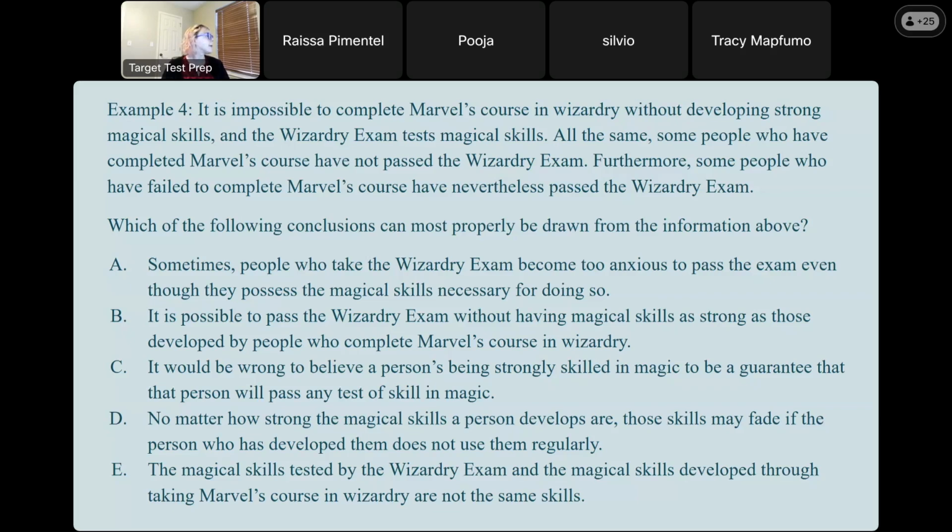B. It is possible to pass the wizardry exam without having magical skills as strong as those developed by people who complete Marvel's course in wizardry.